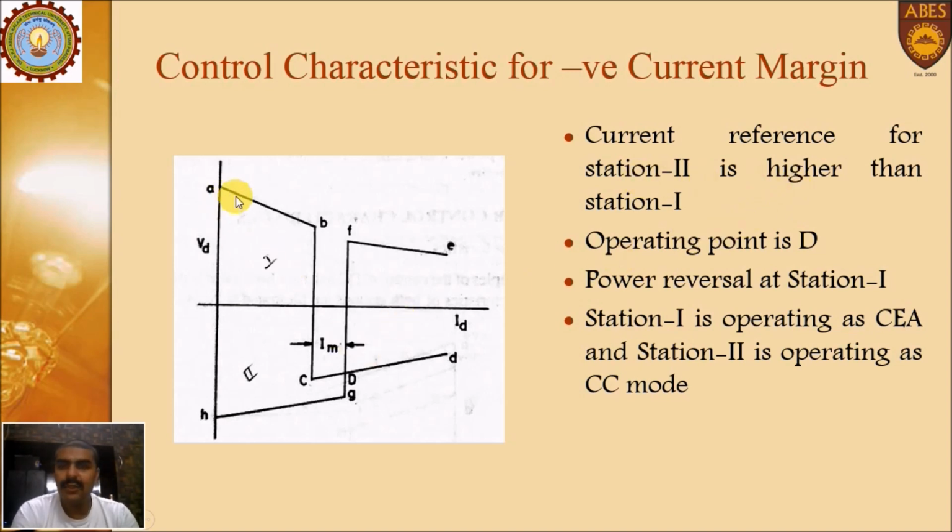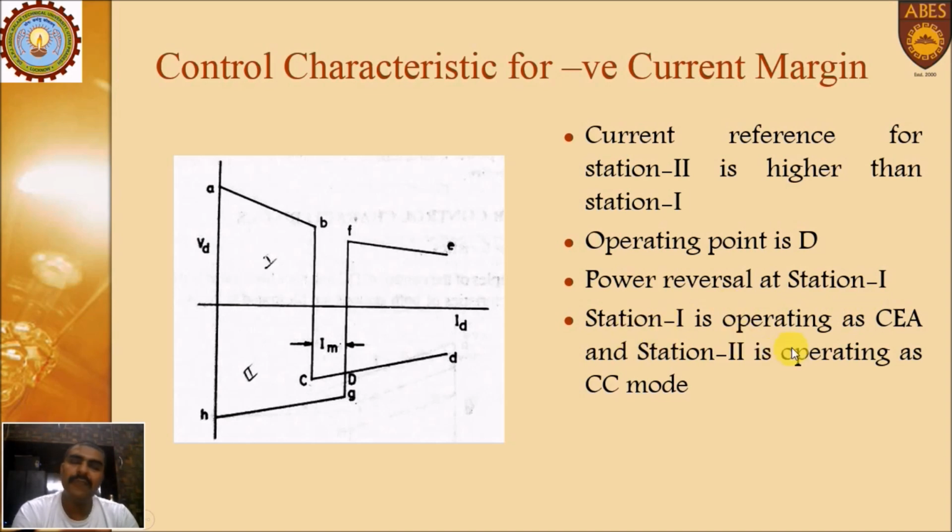Now we can see clearly that the two graphs intersect at point D. In this case, the current is in the positive direction but the voltage is in the negative direction. It means that power reversal is happening. This power reversal is happening at station 1.